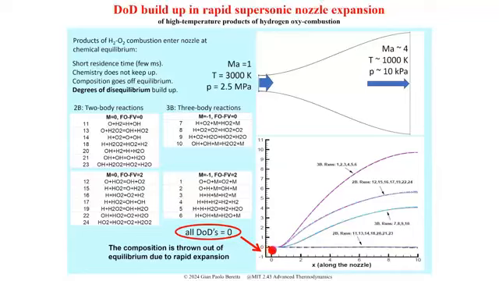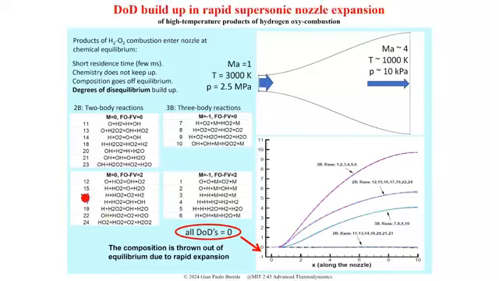What's not surprising is that you have some reactions for which the degree of disequilibrium remains practically zero. So they remain at equilibrium. These are the ones that are pretty fast.